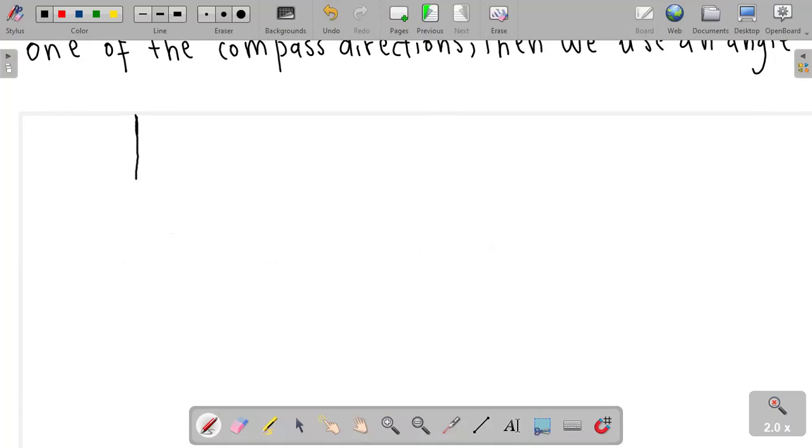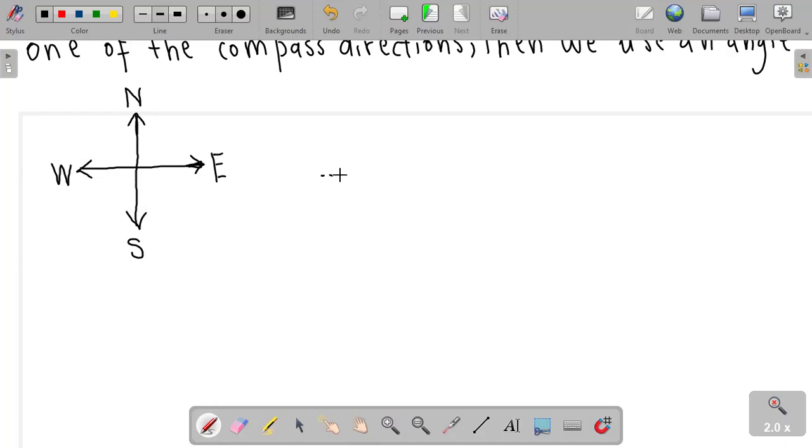So the compass directions. And you have a compass like this. North, south, east, and west. So sometimes you may find that the vector does not point exactly in one of these.